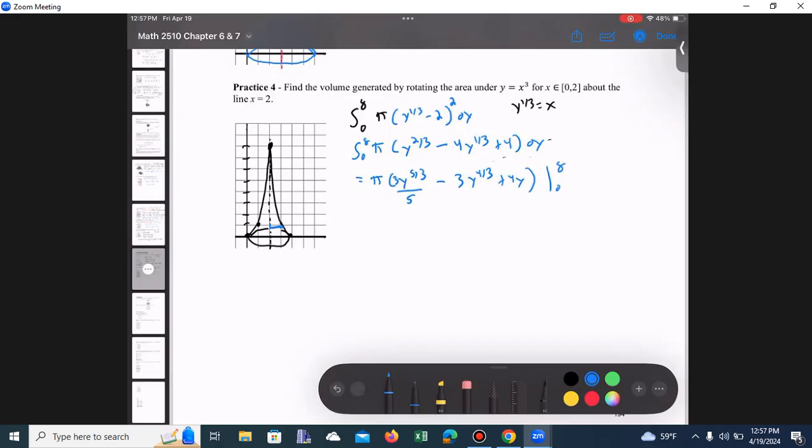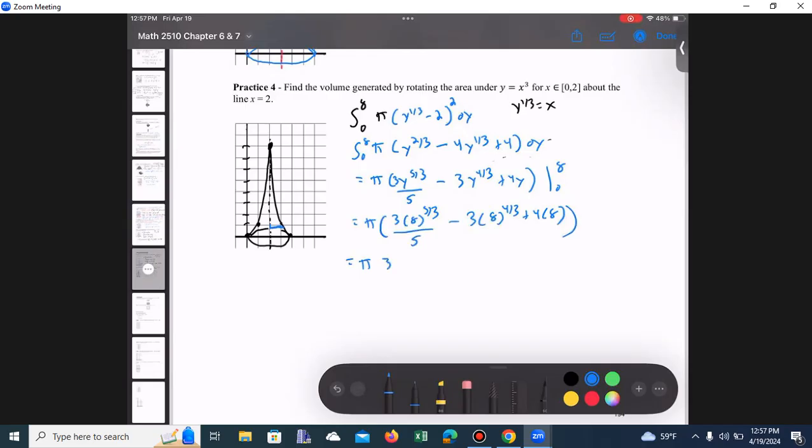And so we'll plug in 8. Zero is going to make everything 0, so we don't have to worry about that.